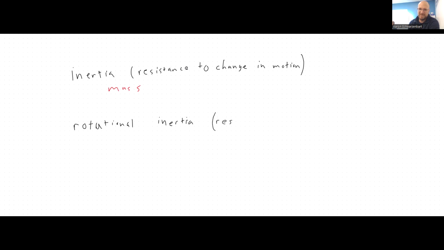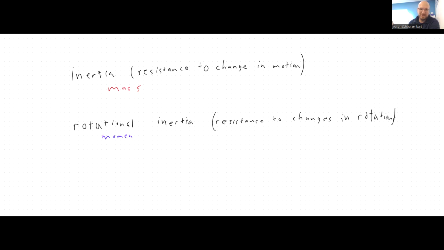That's really still linear. Rotation. This is often called moment of inertia.